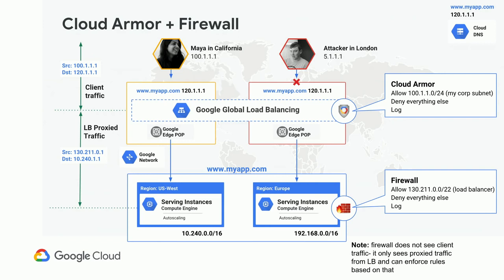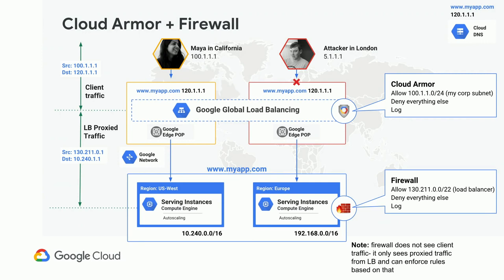This way, here in this example, I have instances at the back end. They are protected by firewall rules. Remember, global load balancers are proxy load balancers. So the source IP is going to be different. It's going to be the load balancer IPs as seen from the instance perspective, right? So that traffic, you want to make sure you only allow the ports and protocols that you want to allow, the traffic you want to allow.